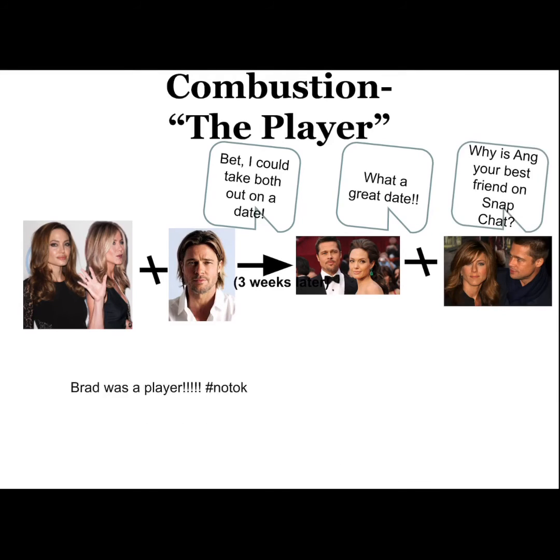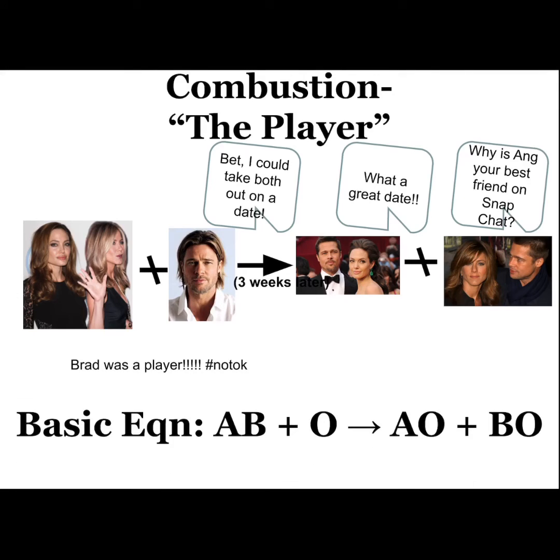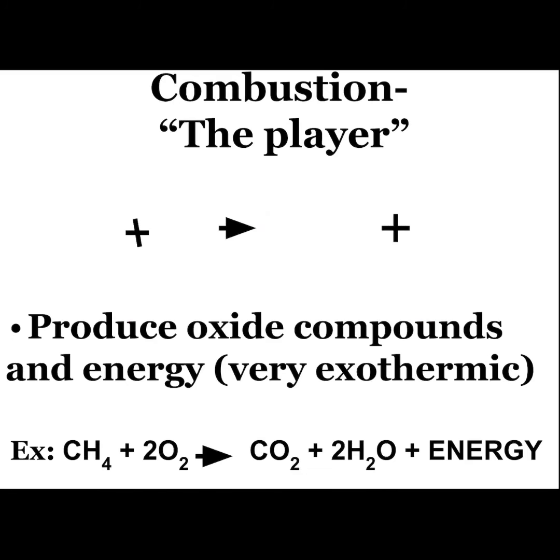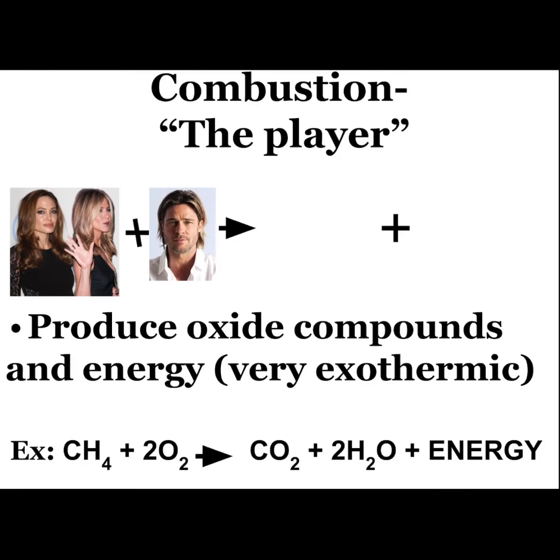Okay, so if I look at what this reaction would look like, it would be AB plus O to get AO plus BO. So A and B are both going to partner or react with the O. They will always produce oxide compounds and energy, which means they're exothermic. So exothermic means they're releasing heat.